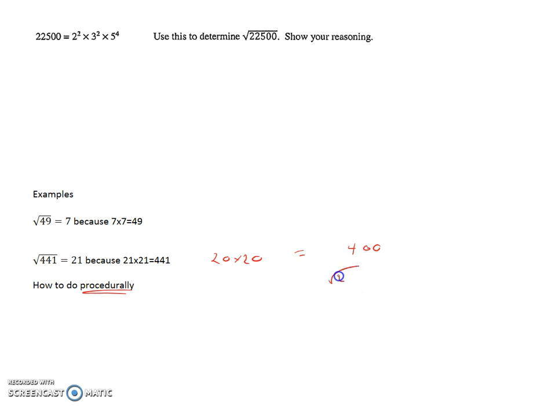So the square root of 400 is 20, so you'd think that 441 is bigger than 400, so the square root is bigger than 20.